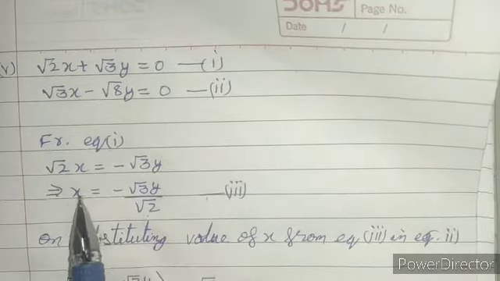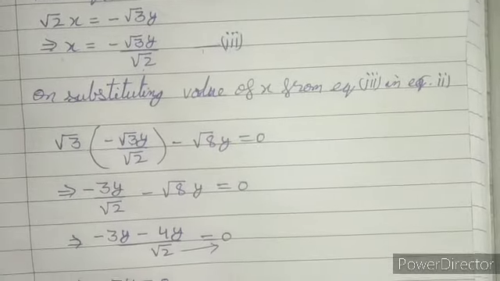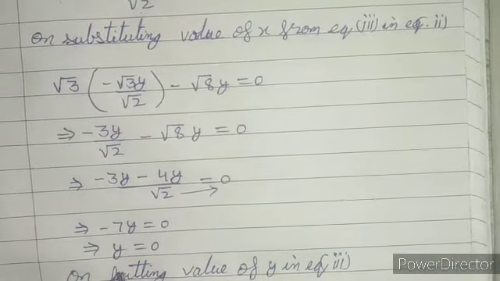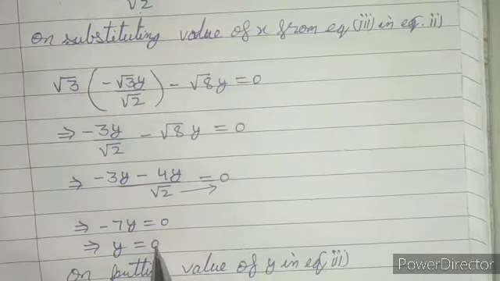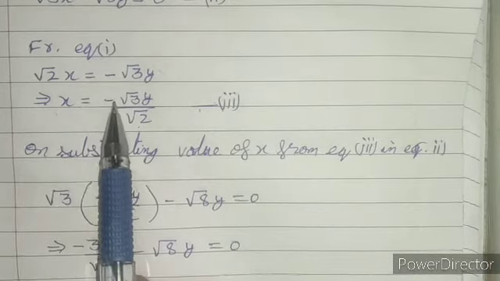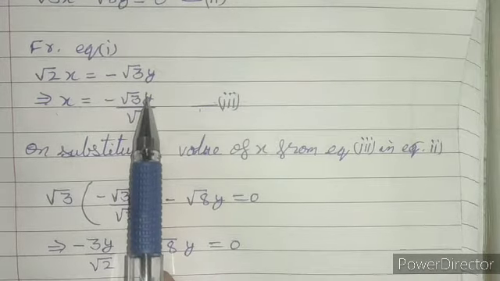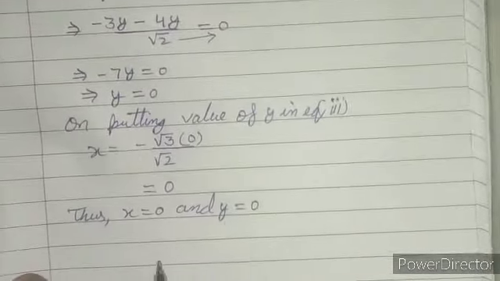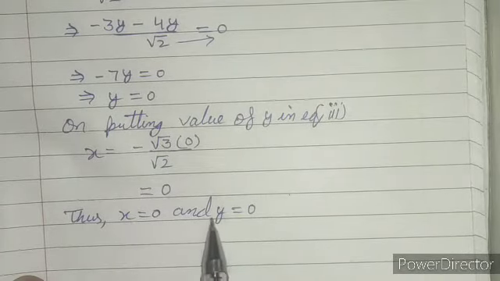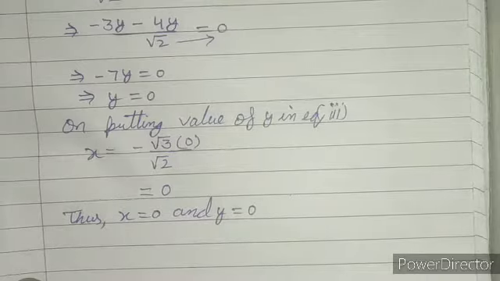On substituting the value of x from equation third in equation second, we are getting the value of y as 0. After getting the value of y, we will put it in equation third, and that will give us the value of x equal to root 3 into 0 upon root 2, and that is also 0. That means the value of x is 0 and y is equal to 0.